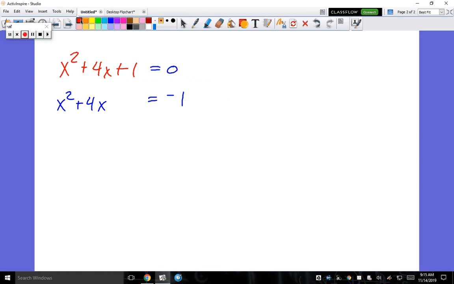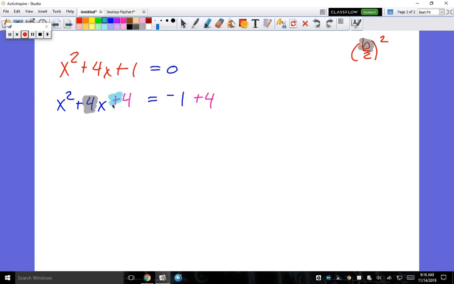Second step is to concentrate on this number right here and do this whole b over 2 squared business. So b is 4. When I divide it by 2, I'll get 2. Squared would give me plus 4. So I'm going to put plus 4 on both sides. That's that second step.